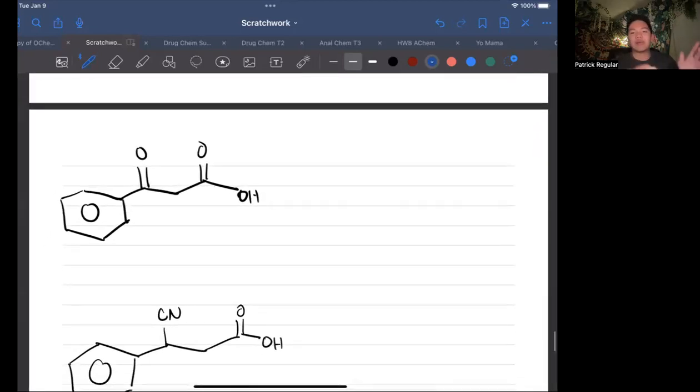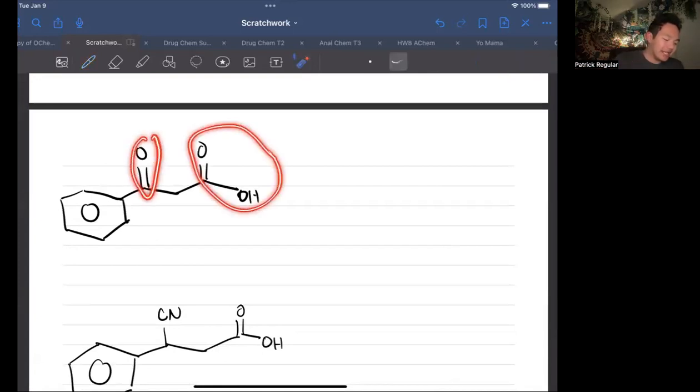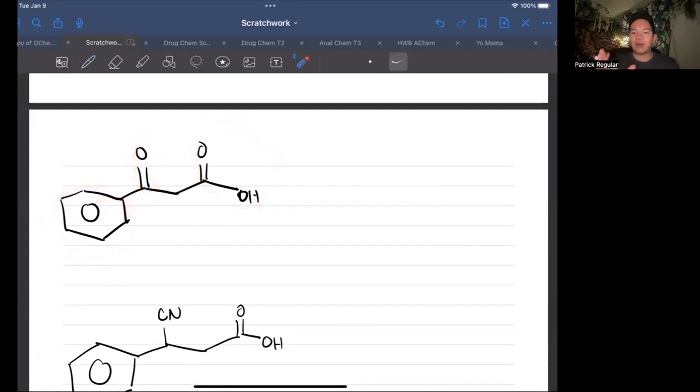Now let's try to get some complicated ones. Now this one is a weird one. I see a carboxylic acid, a ketone, and a phenyl group. What do I do? Well, hey, what's the highest priority? Carboxylic acid. If you know your priority chart, this is the highest priority. So this is a branch. This is a branch. Let's start numbering. The carbonyl carbon is going to be the first carbon. 1, 2, 3.